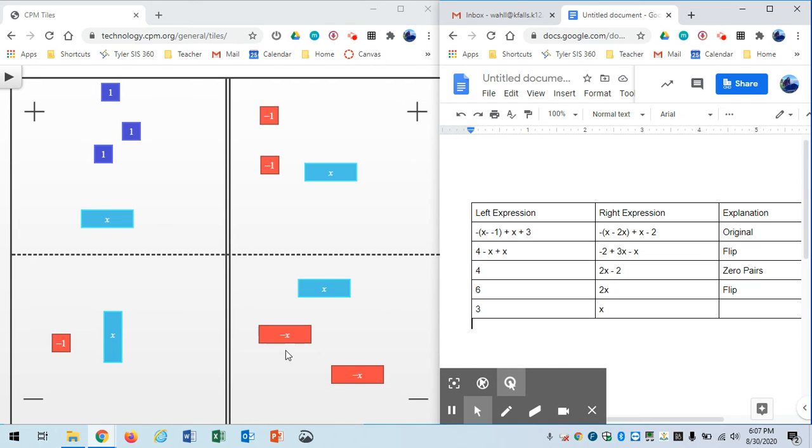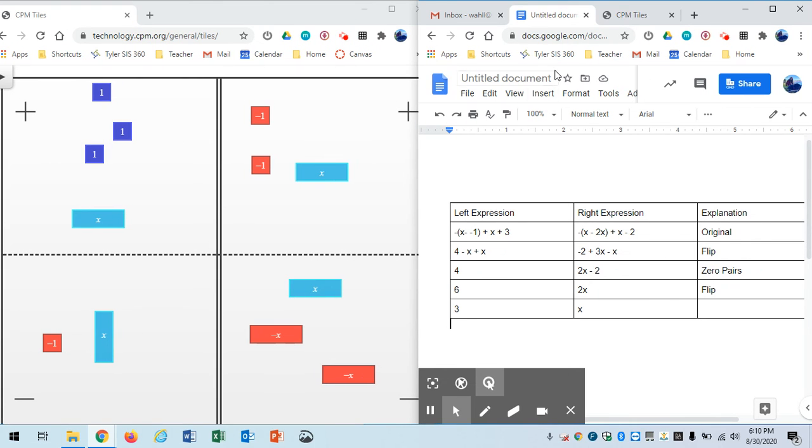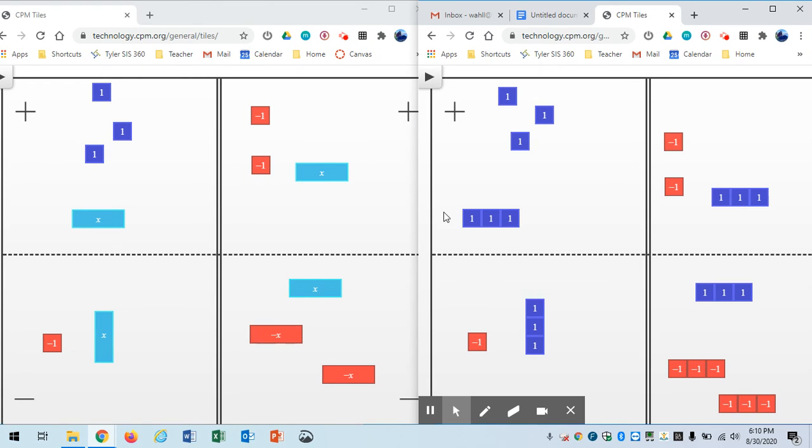If we look at this original expression and instead change all of the x's to 3, let's see if they equal each other. So here it is. Instead of doing an x tile, it's all single tiles. So since we found out that x equals 3, there's 3 singles.